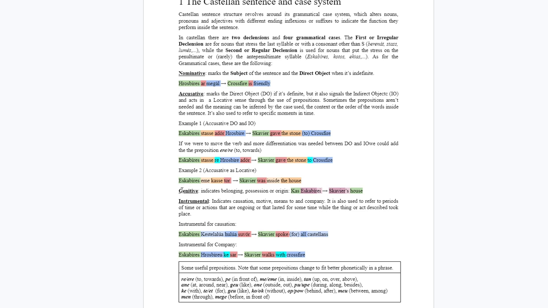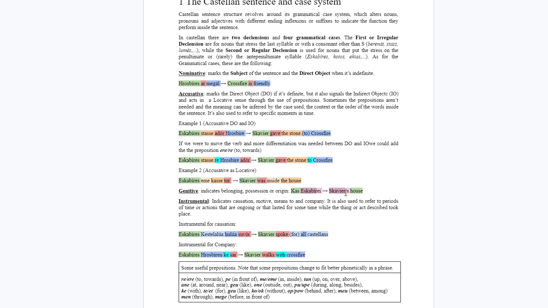Then we have the genitive grammatical case. What does the genitive do? It indicates belonging, possession, or origin. It's what in English we would usually express with the prepositions of or from.